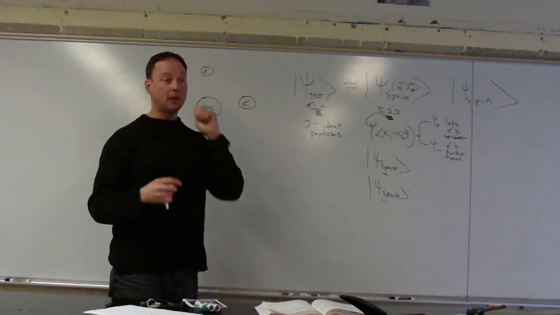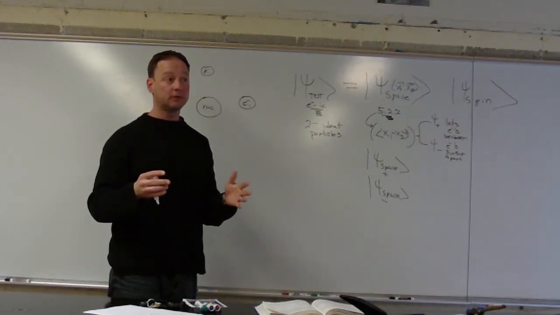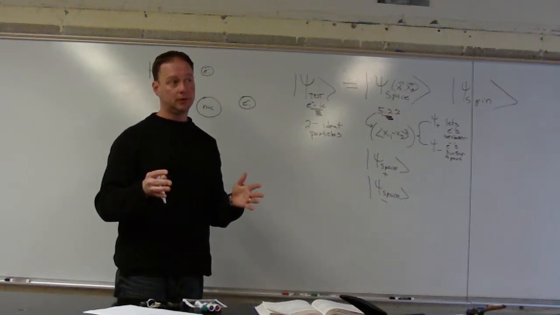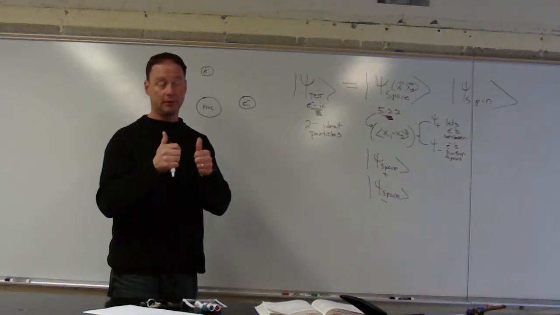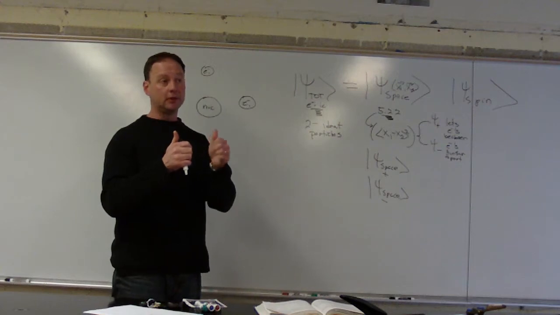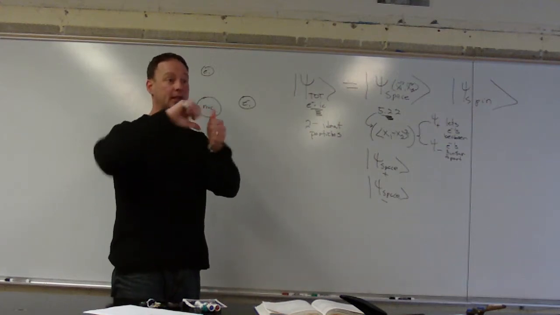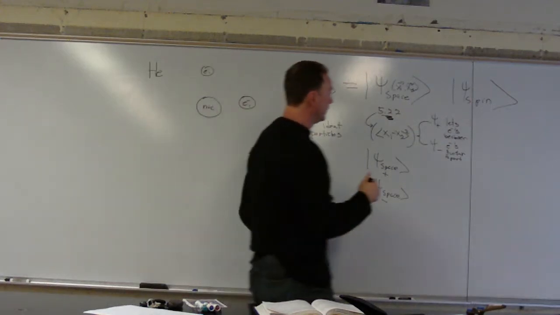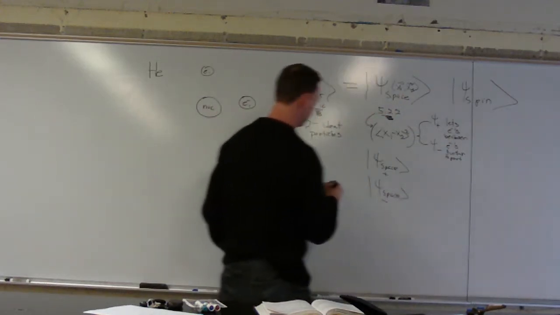And that was a symmetric wave function or an antisymmetric? Do you remember? That'd be symmetric. Okay, it would be symmetric, yeah, they're both up. And then there's up-down, plus a down-up. Because it could be either way.